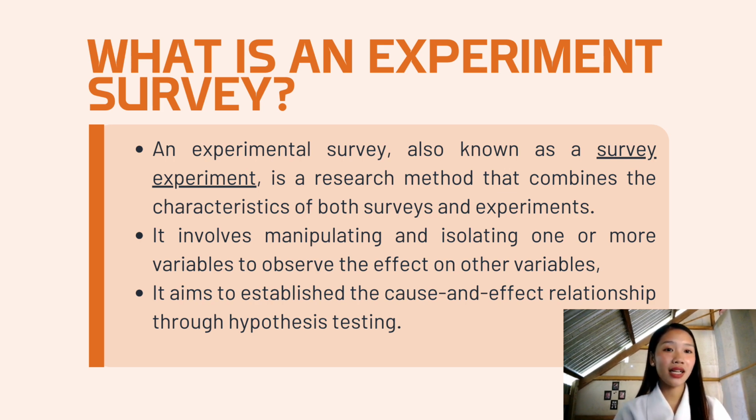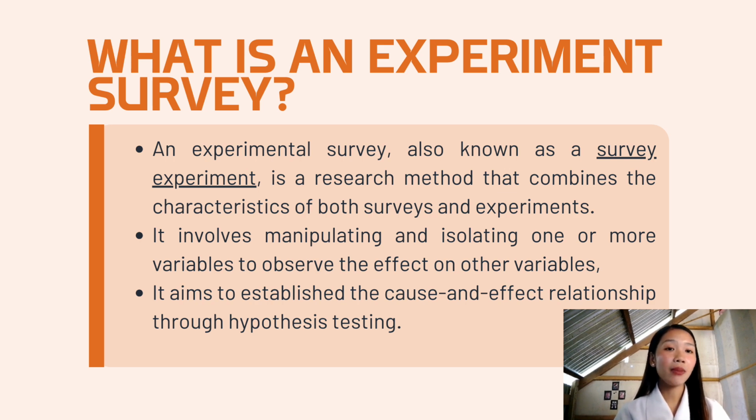Moreover, we will tackle the experiment survey. So what is an experiment survey? It is a method that combines the characteristics of the two systematic approaches, the survey and the experiment. And what does it mean if it is talking about manipulating or isolating one or more independent variables to directly see the influence on the other variables?